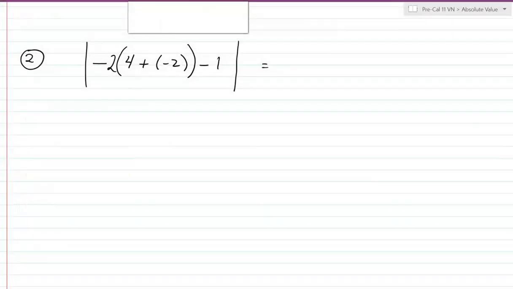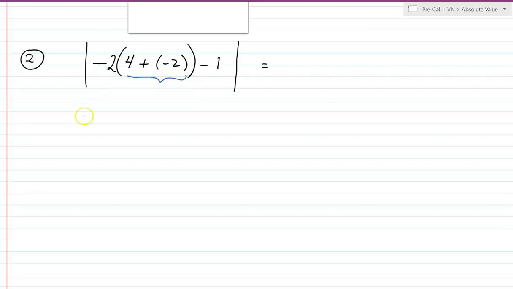Okay, let's look at example 2. We have this example here. We have to simplify and evaluate that, come up with the final answer. So we're going to deal with the inside bracket first. Inside the bracket, remember, BEDMAS comes into play again. We're going to deal with this first, and then we're going to deal with the minus 2, because multiplication comes before addition and subtraction.